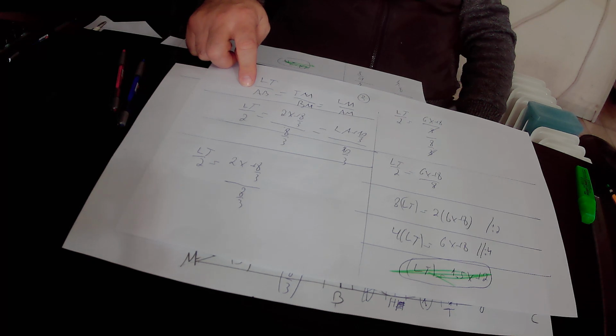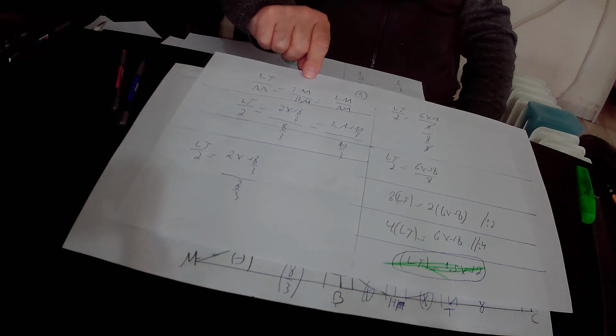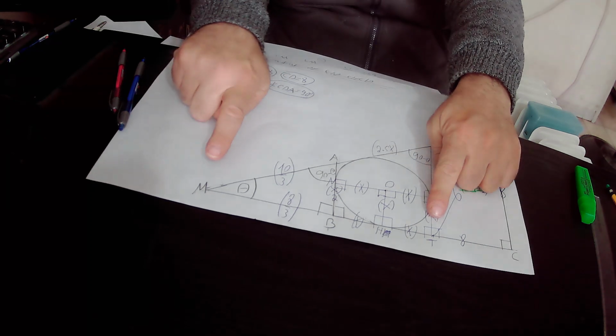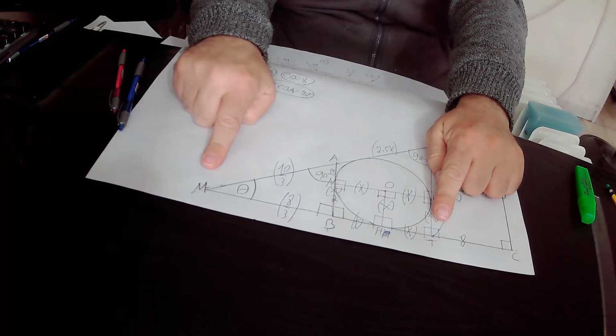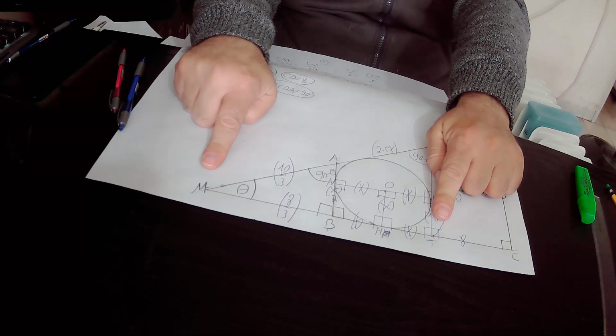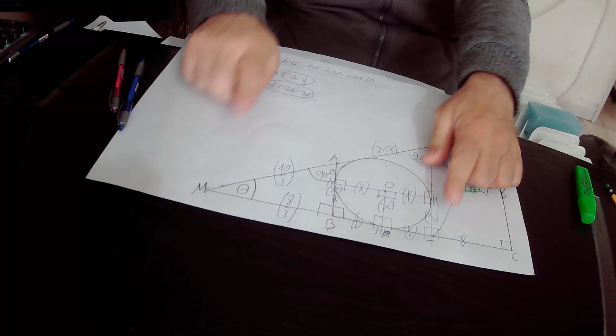AB is 2, so we substitute AB by 2. And it equals TM over BM. What is the value of TM? From the drawing, it is very easy to see that TM equals TB plus BM. That is to say, TM equals TB, that is 2x, plus BM, that is 8 over 3. So in total, TM equals 2x plus 8 over 3.